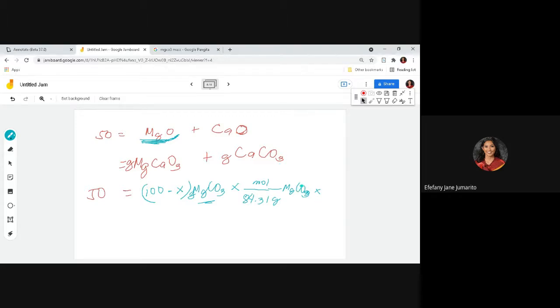By using this, we multiply that one with 1 mole of MgCO3. How many moles of MgO? We only have one. Okay, 1 MgO. Now, ang ginatanaw diri class ay ang Mg. We have that one, 1 mole of MgO times 1 mole of MgO, that is 1 mole MgO, how many grams?